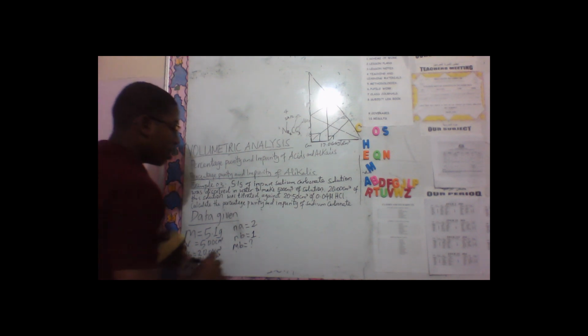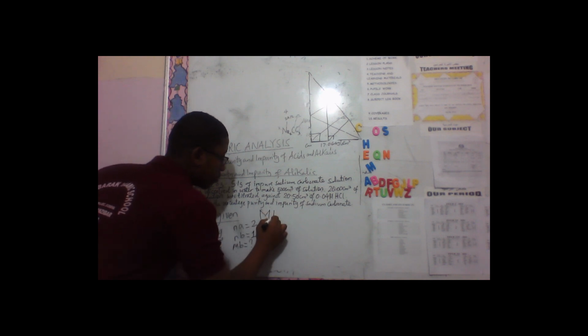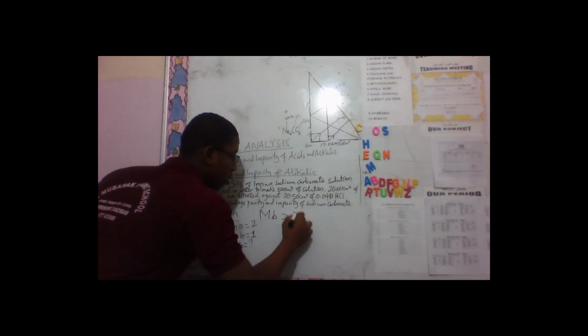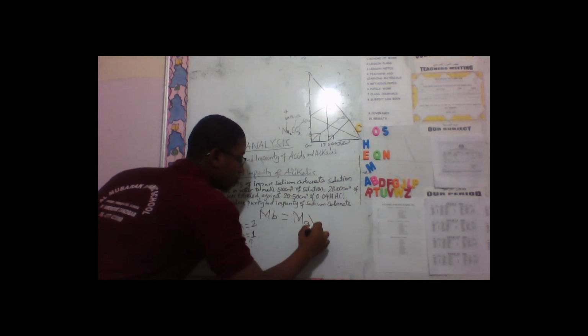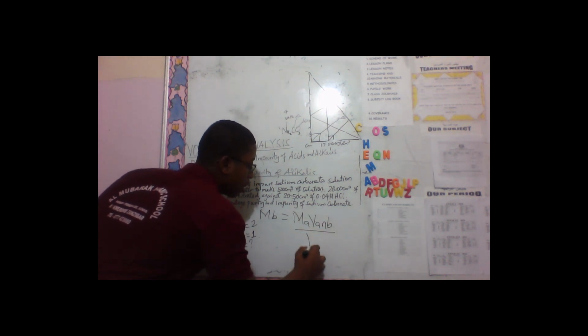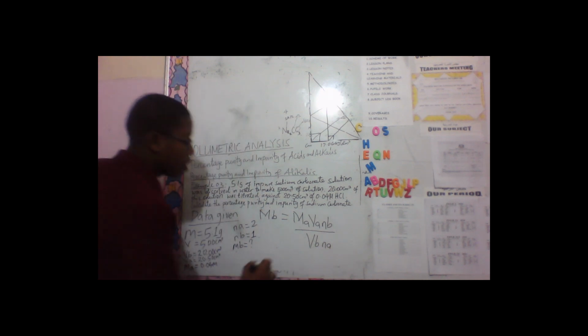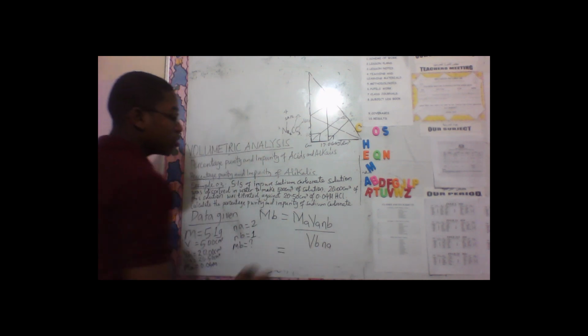So our formula now says that molarity of base is equal to molarity of acid times volume of acid times number of base over volume of base times number of acid.